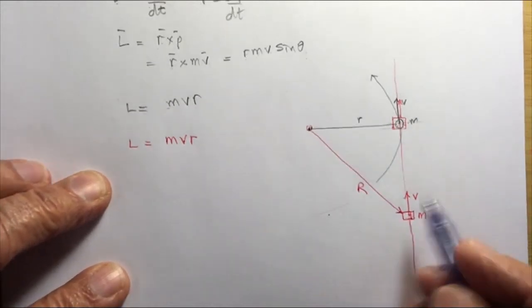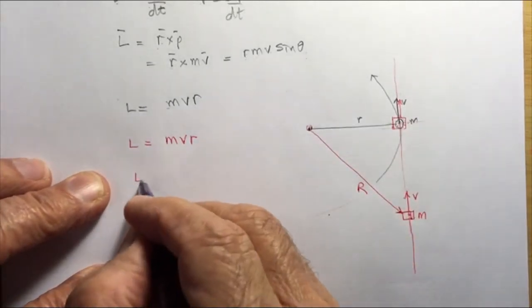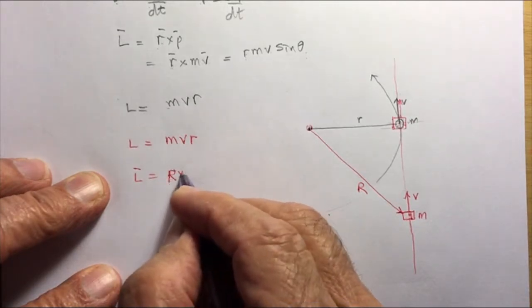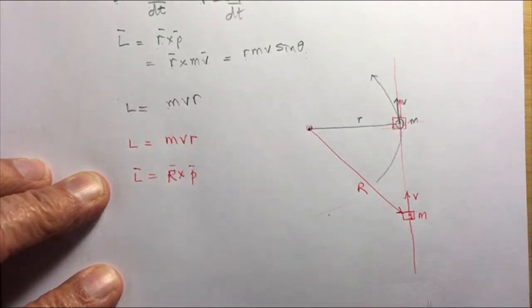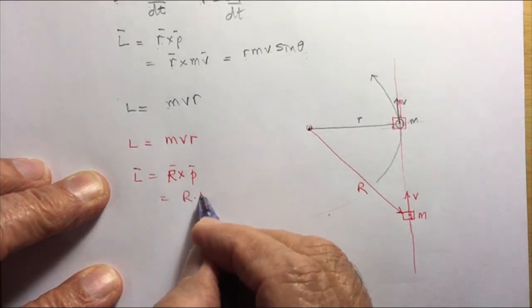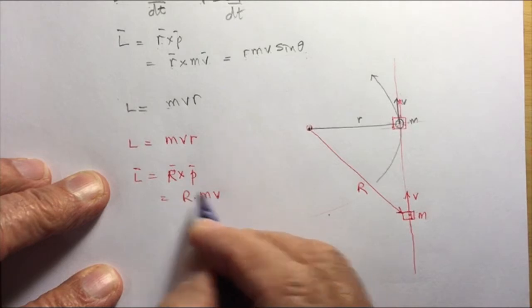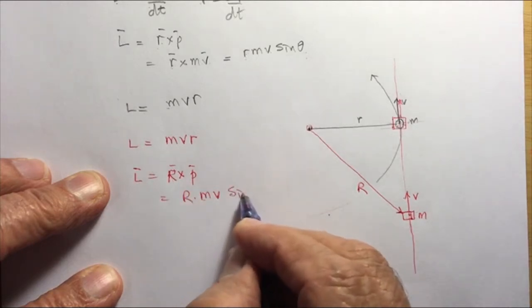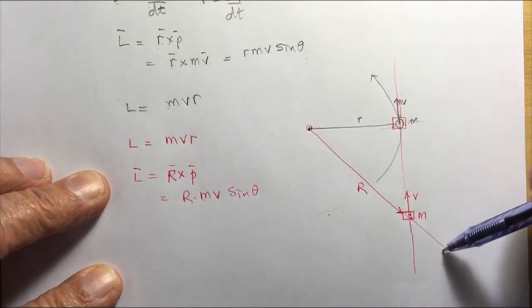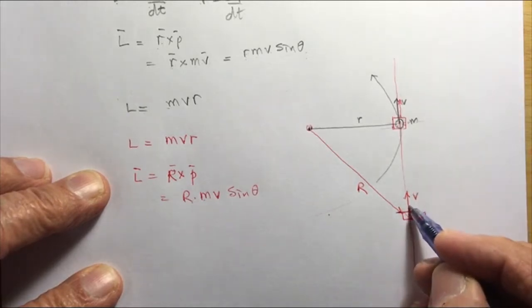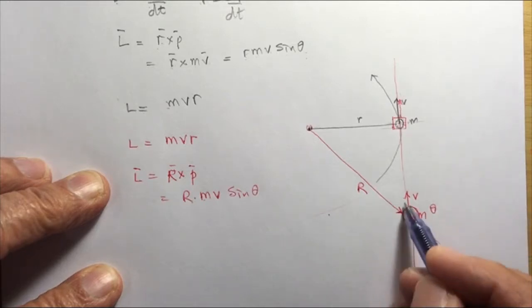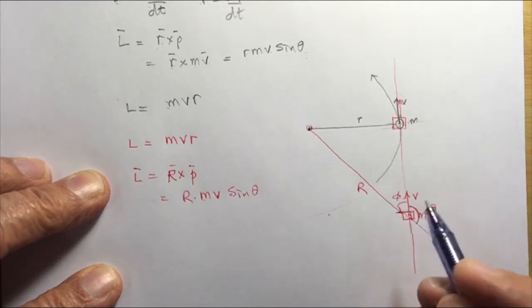That's this r, that's the v, and the angular momentum is going to be capital R cross its p, which is going to be R m v. Okay, p is mv, and R cross p gives R sine theta. Theta is going to be this angle, and sine of this angle is the same as sine of this angle.